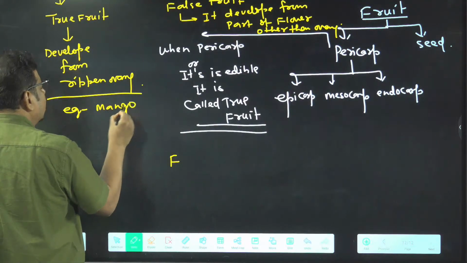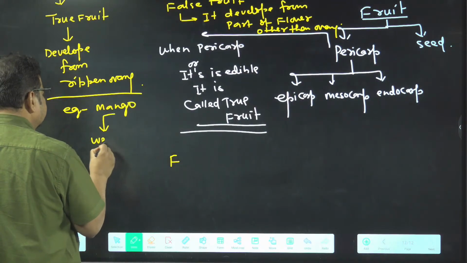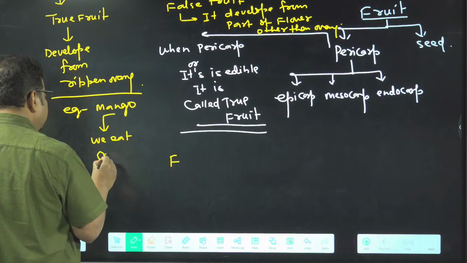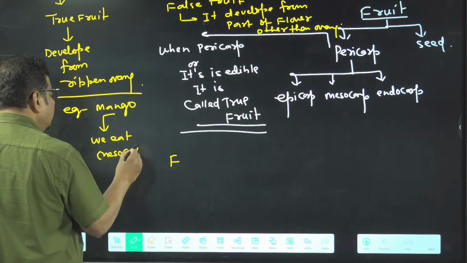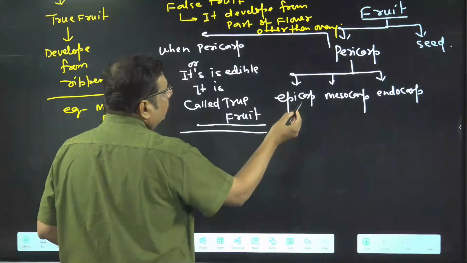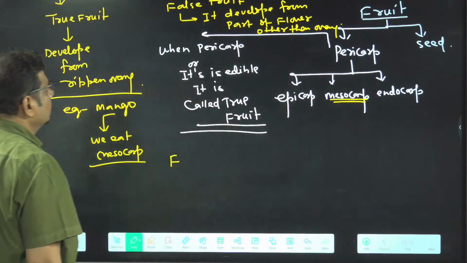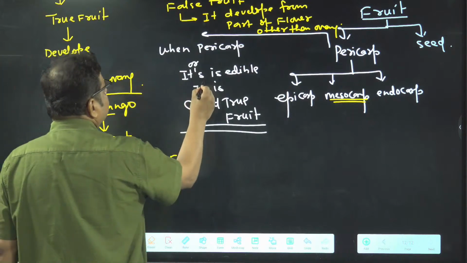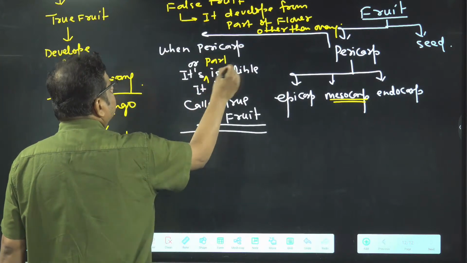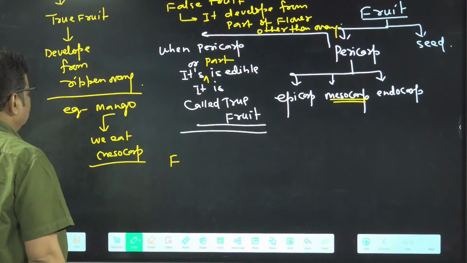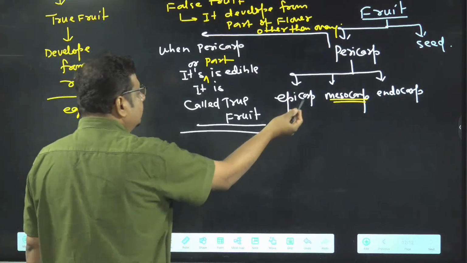Why mango? Because in mango we eat the mesocarp, and mesocarp is a part of the pericarp. So I told you that when the pericarp or its part is edible, it is called true fruit. In mango we are eating the mesocarp, so it is a true fruit.